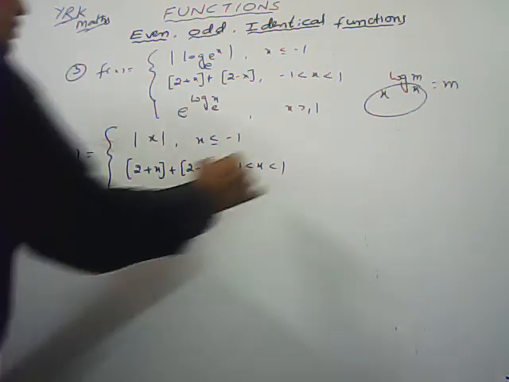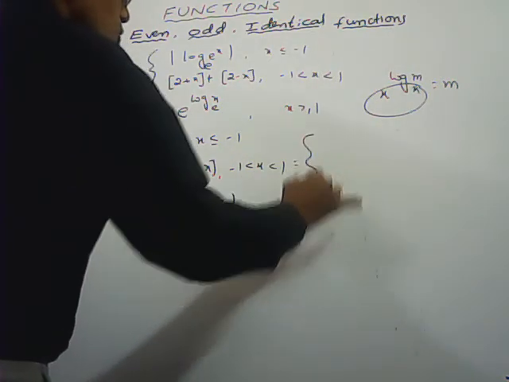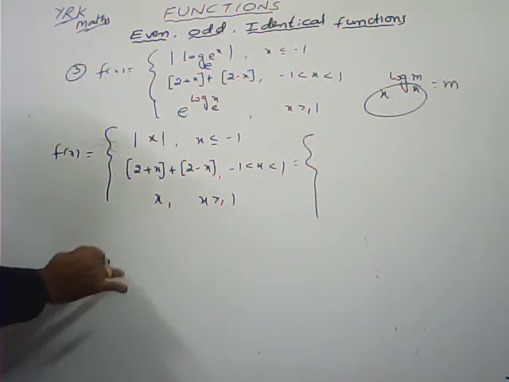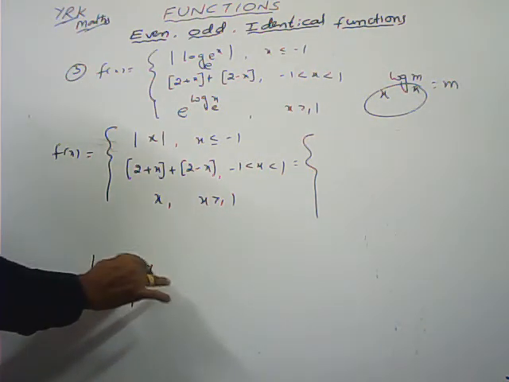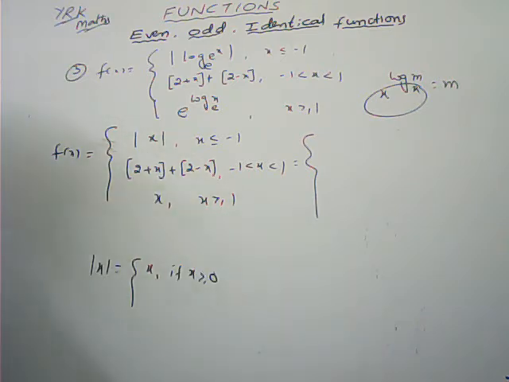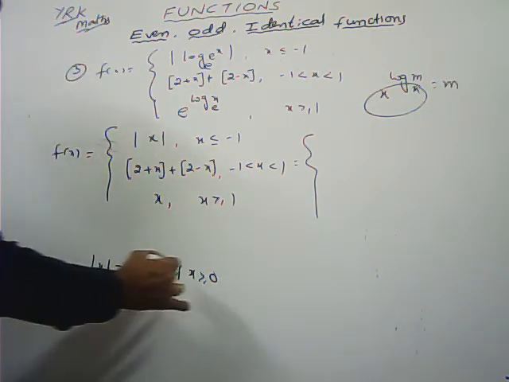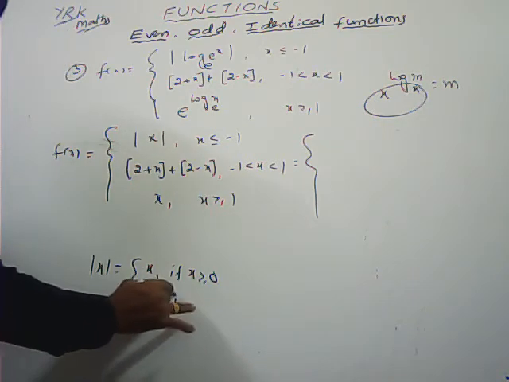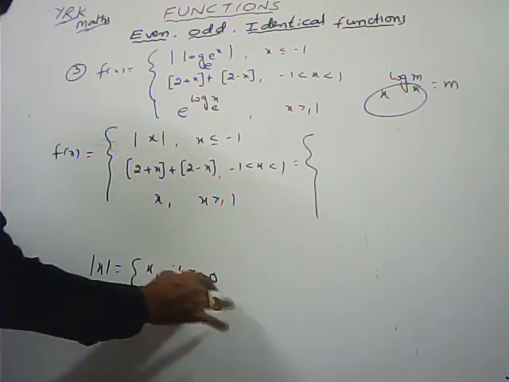Now again, there are properties of the modulus of x. Modulus of x equals x if x is a positive quantity, x is more than or equal to 0, that is, x is a non-negative real value, we can write the same thing only. Minus x if x is less than 0.